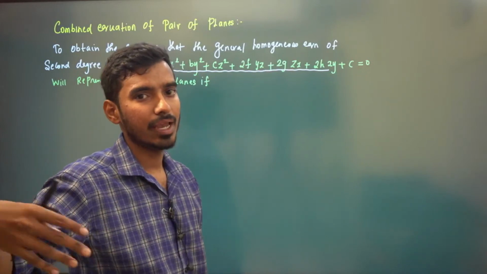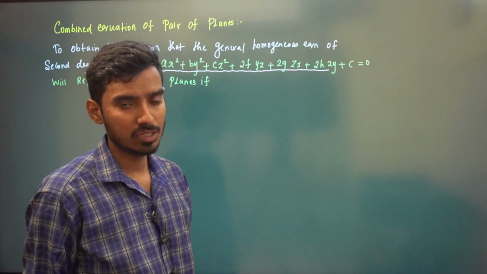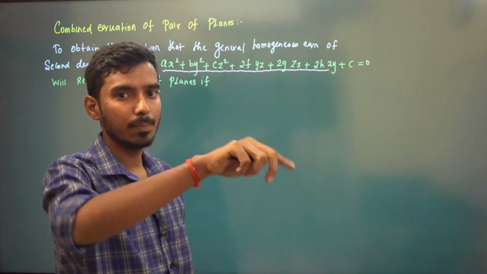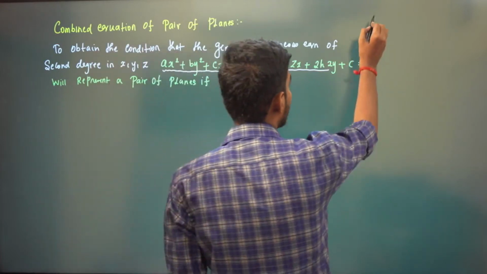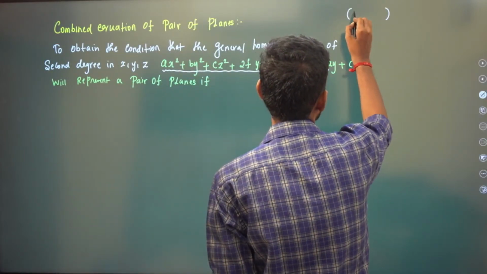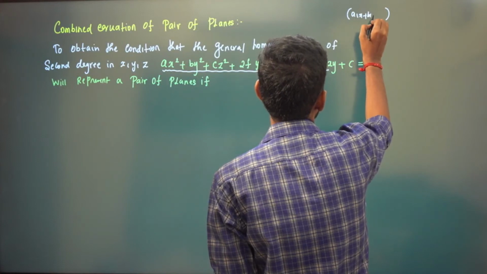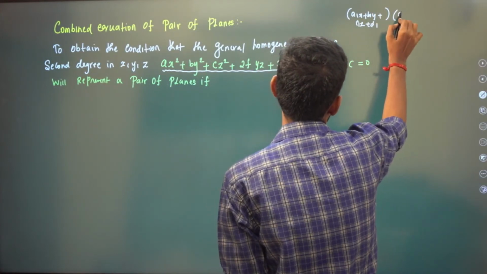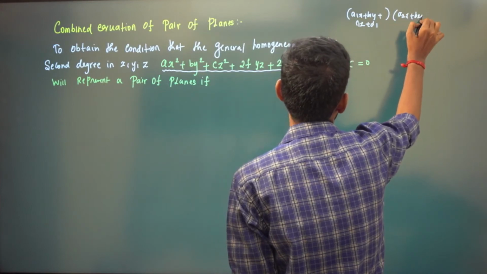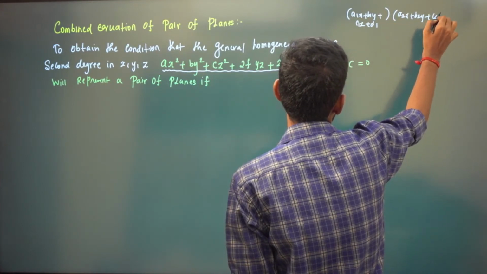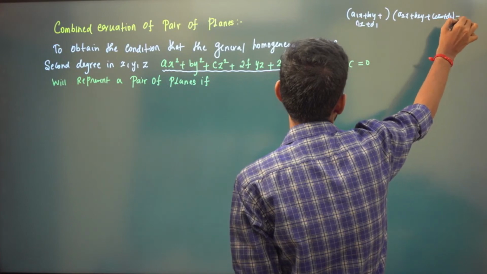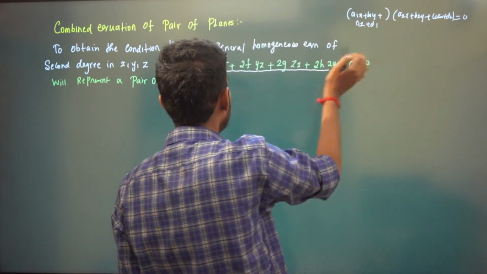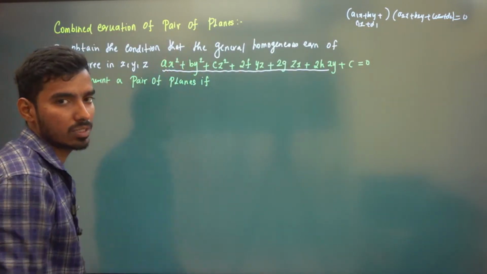Another plane a2x plus b2y plus c2z plus d2 is equal to 0. Now if you multiply two planes, you get a1 a2 x square. Just forget about the coefficients.